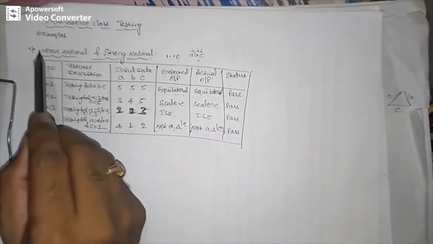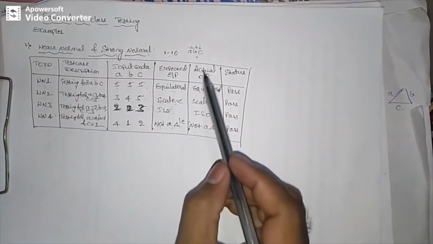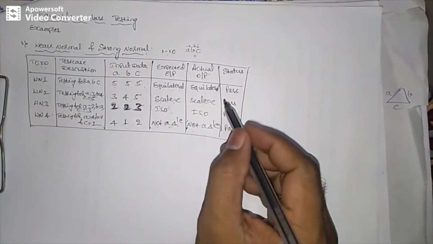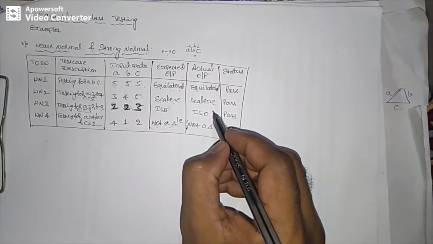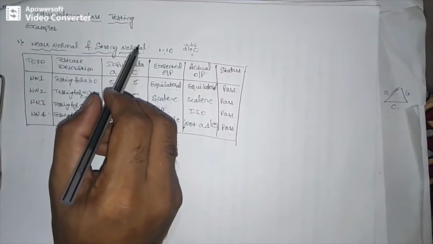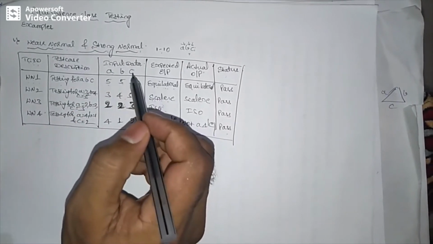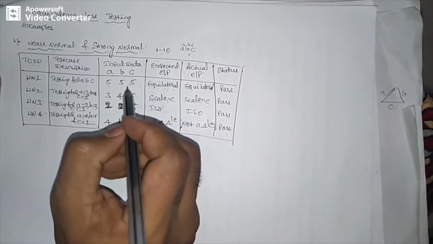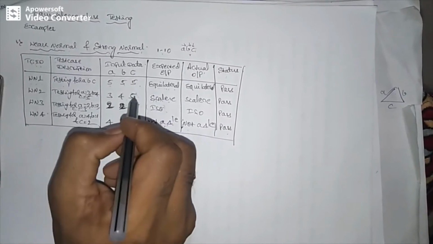Clearly I can say that weak normal test cases satisfy the motivation factors of the equivalence class testing technique. There were 2 motivation factors: one is to avoid the redundancy, and second is to do the complete testing of the input domain.